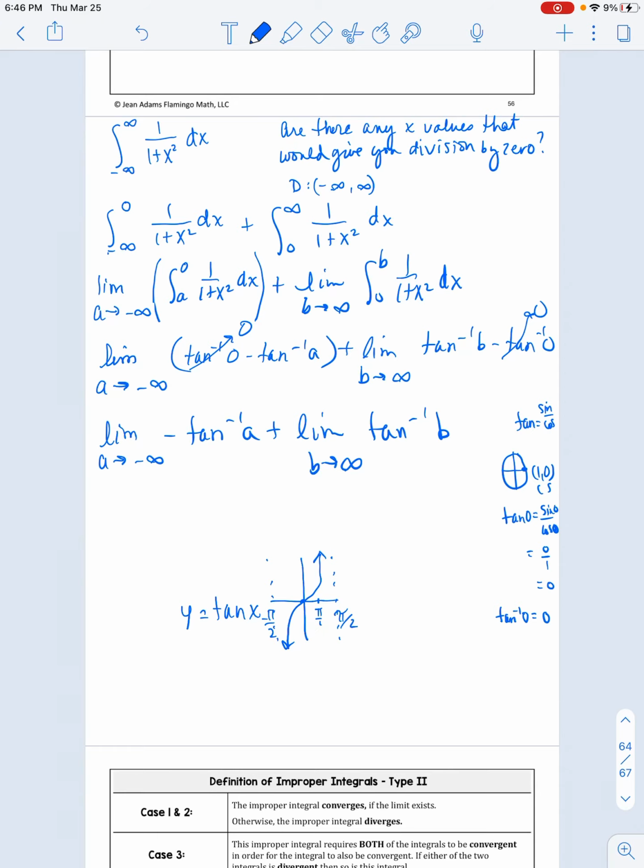It's 0 at 0, at pi over 4, it's 1, and at negative pi over 4, it's negative 1. Okay, so that's your tangent function. So then that takes us to the inverse tangent function. So remember on inverse tangent, here, these are ratios.